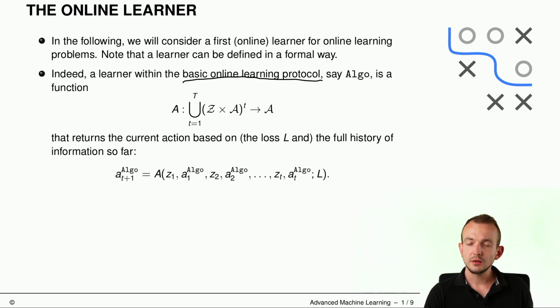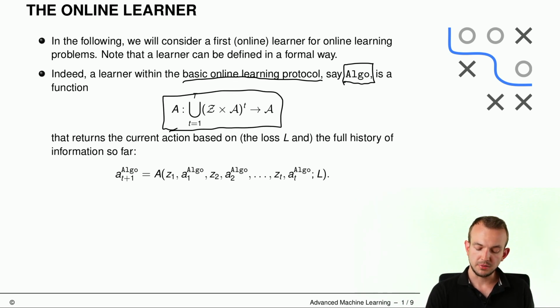Any online learning algorithm, which we simply call algo for short, can be specified by the following mapping. The mapping A maps a sequence of environmental data points and actions, where the sequence can vary in length up to the time horizon, to an action, so to an element of our action space calligraphic A.